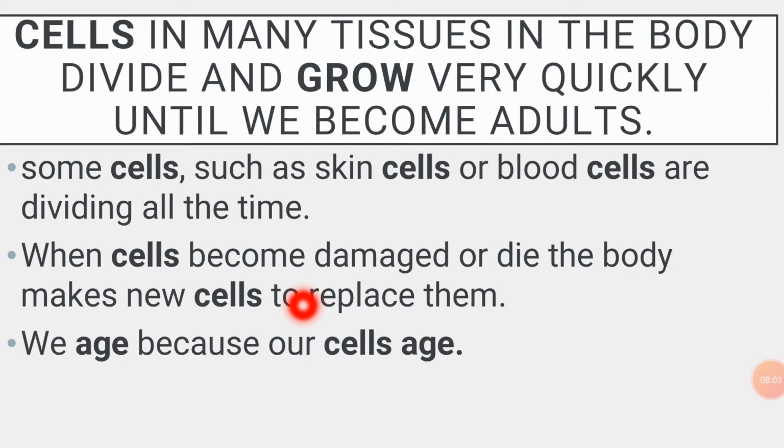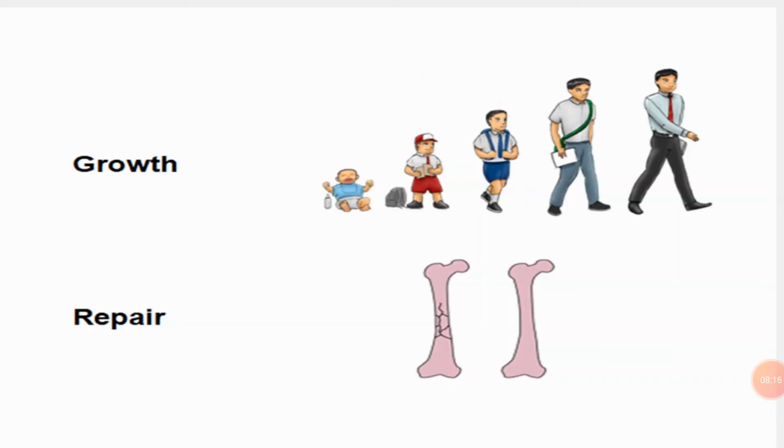So this is the importance of cell division, that when we get hurt, when our body part is damaged, like given here in the bone, then by this cell division method, by the division of cells, the repairing process will continue.